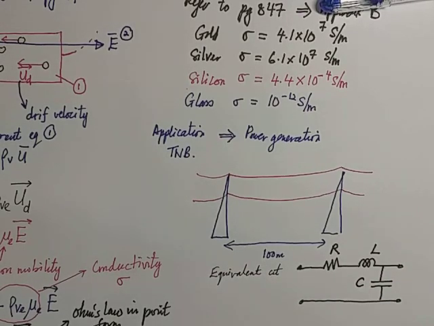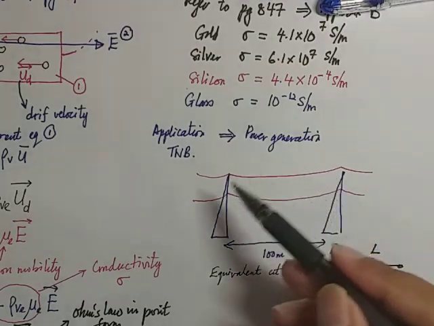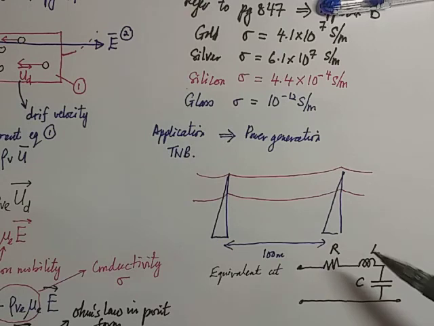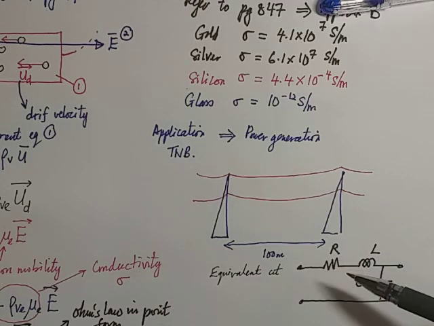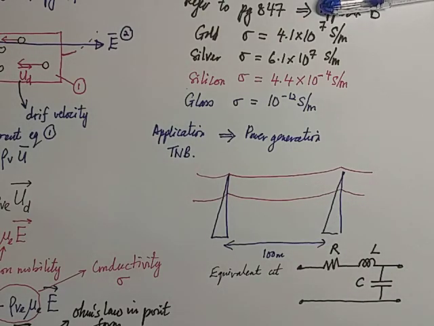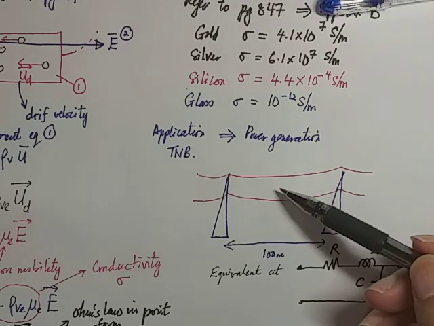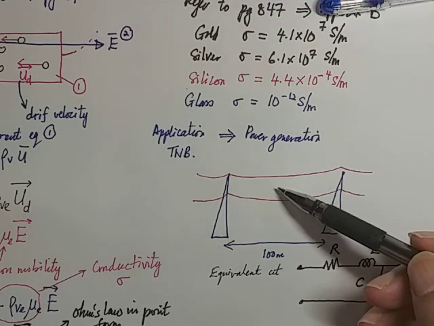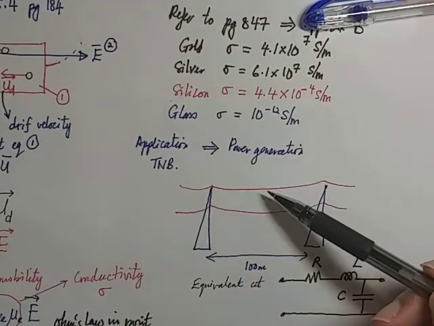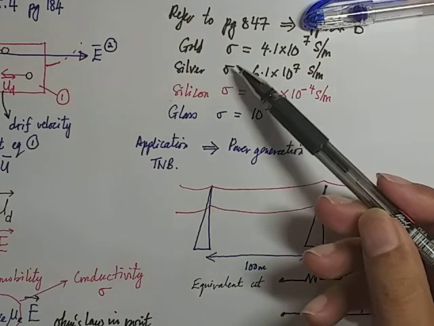But then we ask ourselves, do we have a resistance in this transmission line? This resistance is actually a component contributed by the cable itself. The cable is made of a material known as a good conductor, and when you deal with a conductor, you're going to have a parameter known as sigma.